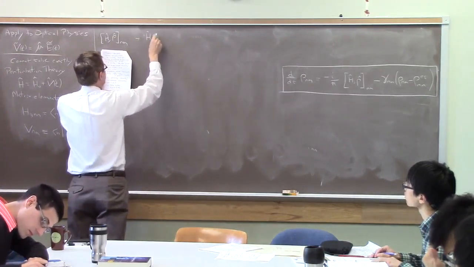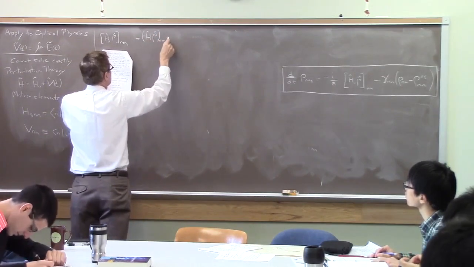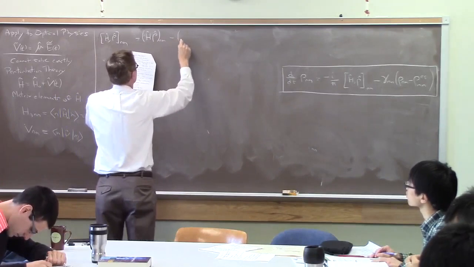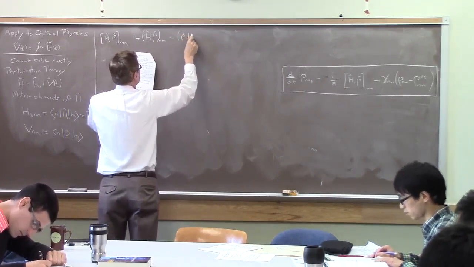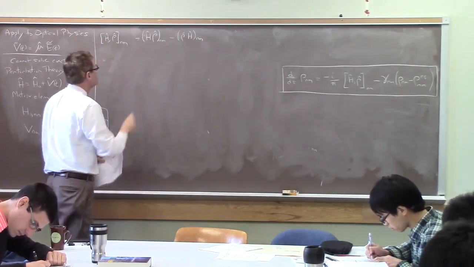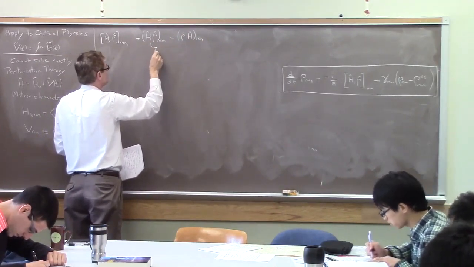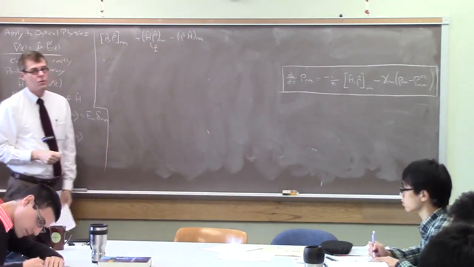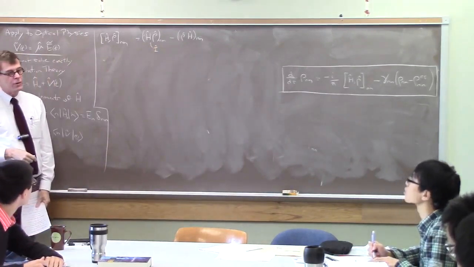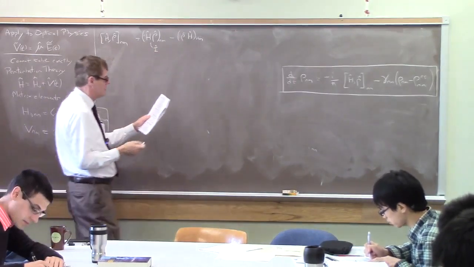This is H rho NM minus rho H NM. And now you can always introduce the identity operator anywhere you want because that doesn't change anything.